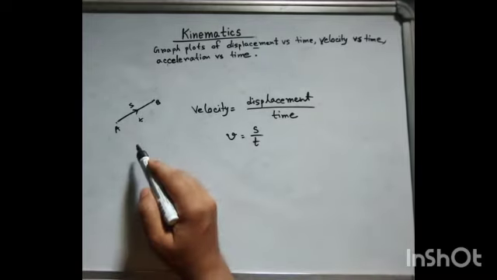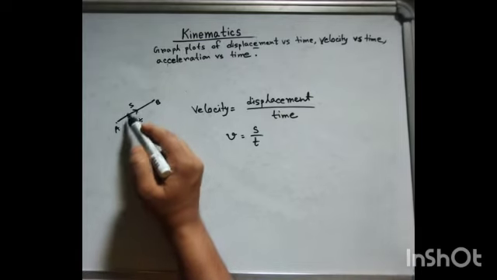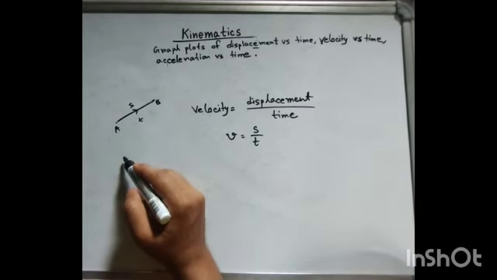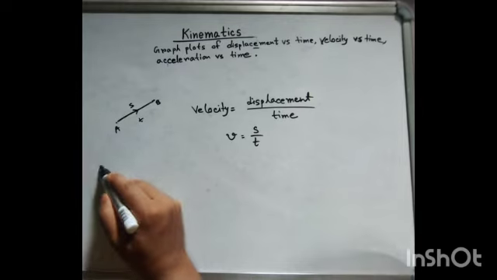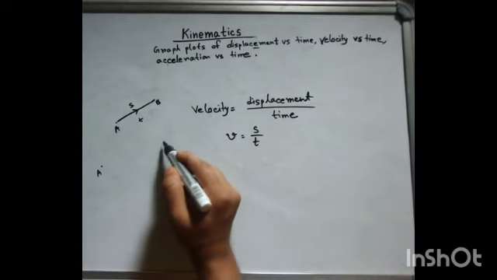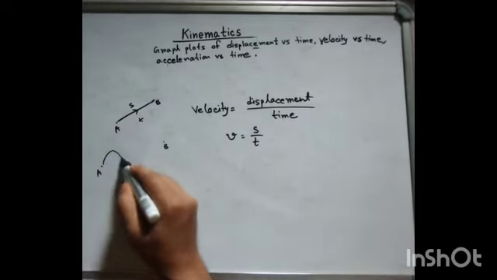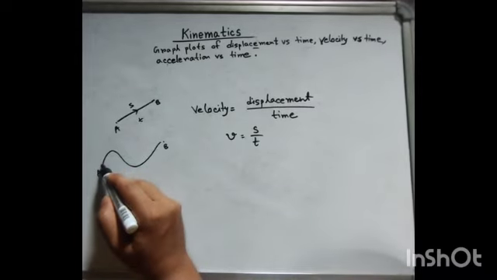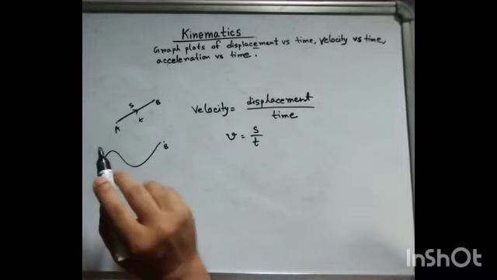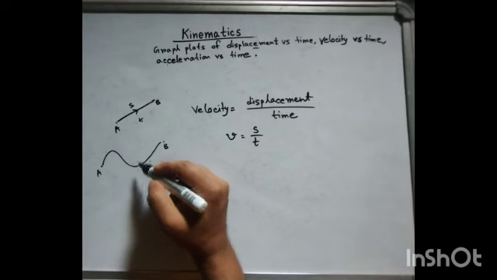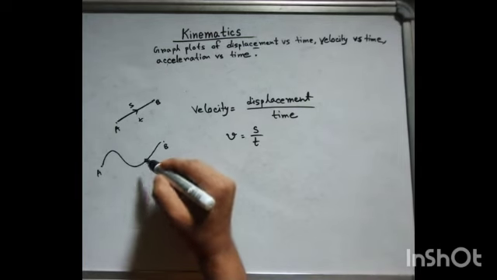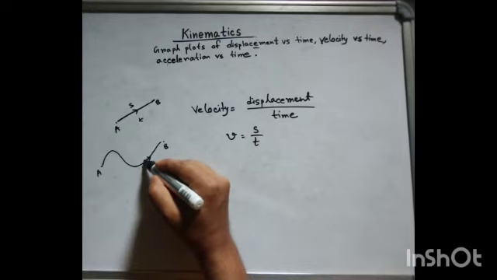Now that is total displacement by total time, but now if you try to find instantaneous velocity, suppose this is point A and this is point B and you have moved like this, but I'm not interested in the average velocity, but in what the velocity was at this point, and at this point.